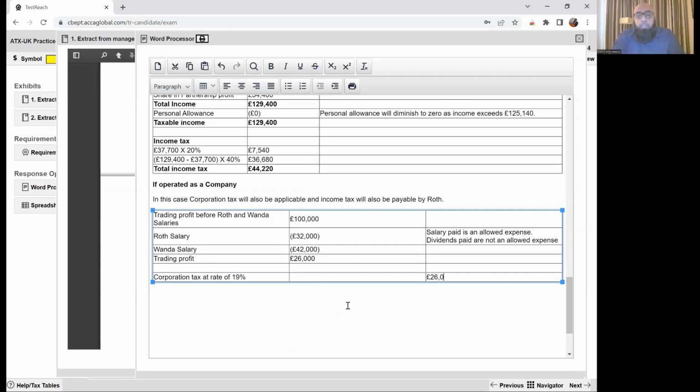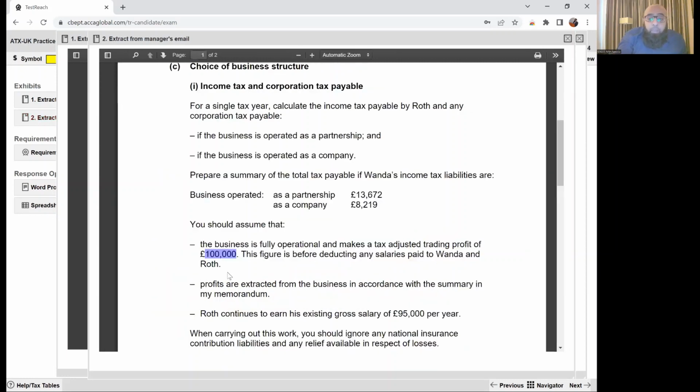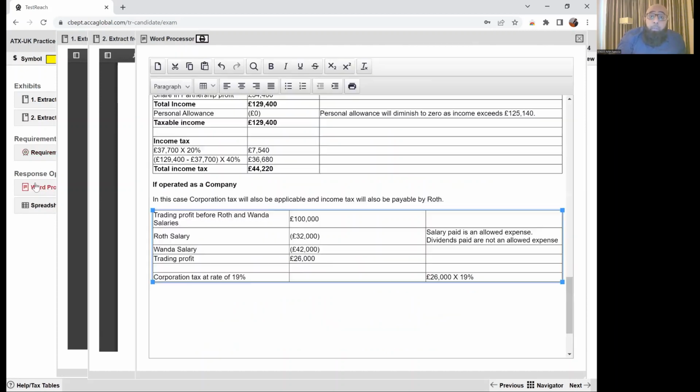He has told us to ignore the NIC. We are just looking at the income tax impacts. He has told us here that when carrying out the workings, you should ignore the national insurance contributions. Otherwise the NIC would also be an allowed expense. So it's 4,940. Let me give a revision so that if someone has any query, it gets cleared.